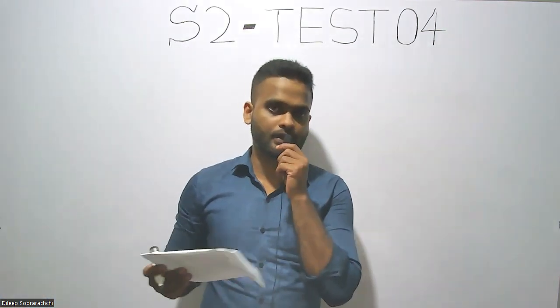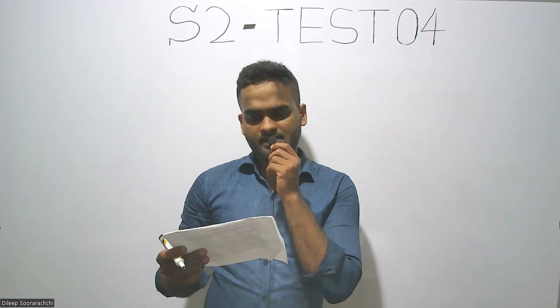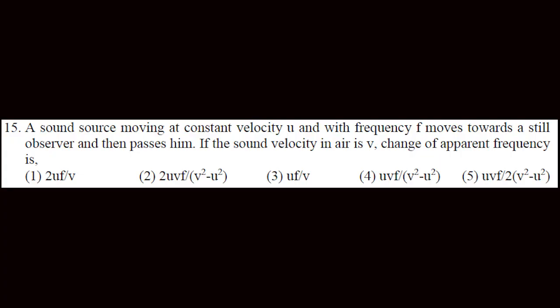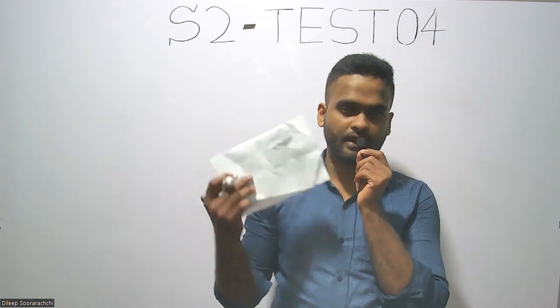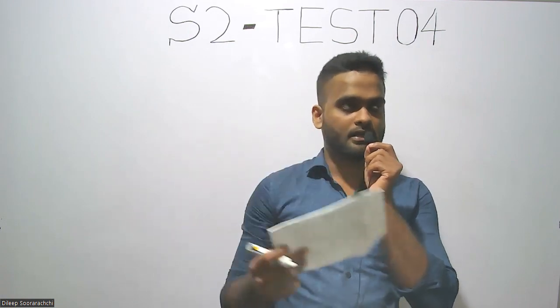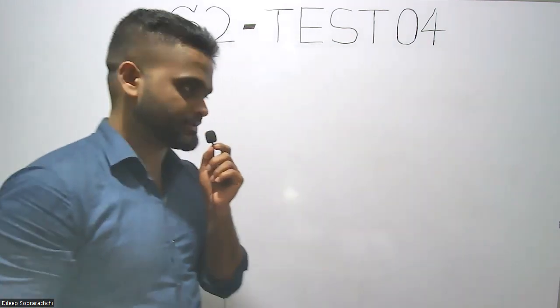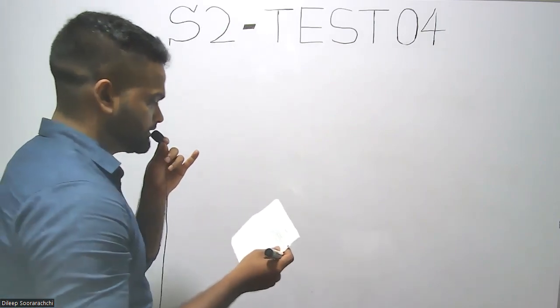Right, 15th question. A sound source moving at constant velocity u, with frequency f, moves towards a still observer and then passes him. If the sound velocity in air is v, what is the change of apparent frequency heard by the observer? That's what they ask. So quickly draw a sketch.